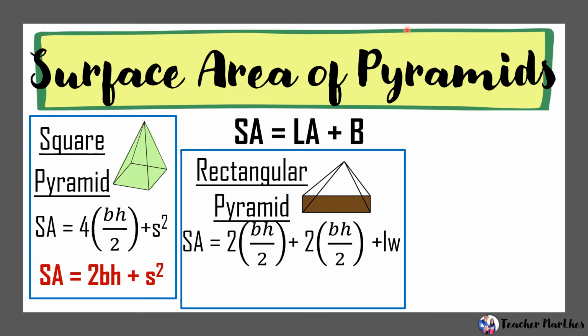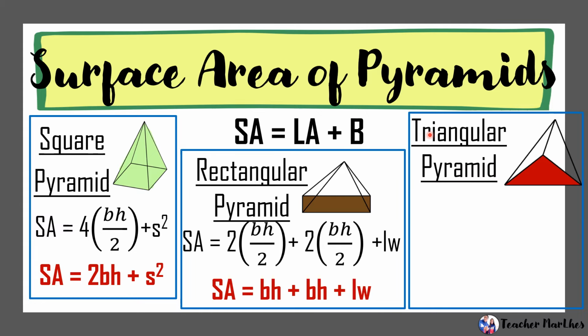To simplify the formula, we have base times height plus base times height plus length times width. Kinancel na din yung 2 dito, 2 divided by 2 is equal to 1. Kaya ito yung simplified formula for surface area of rectangular pyramid.